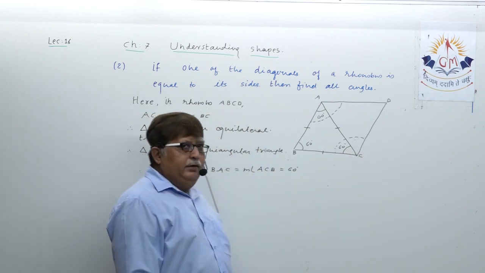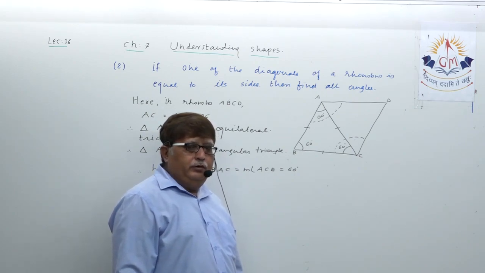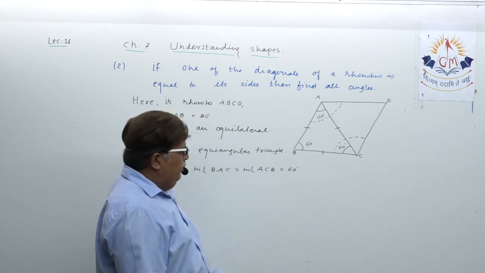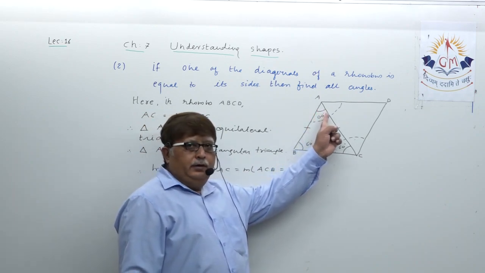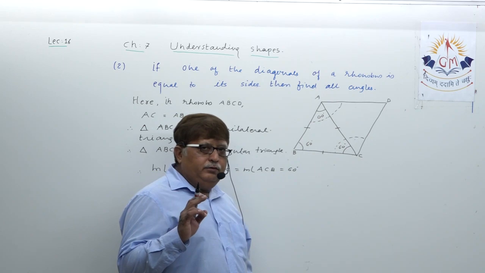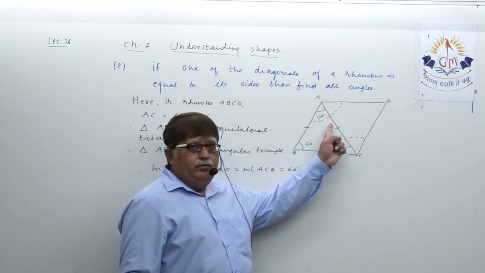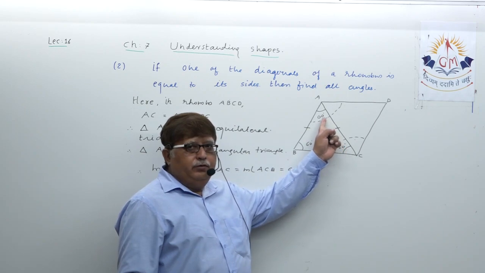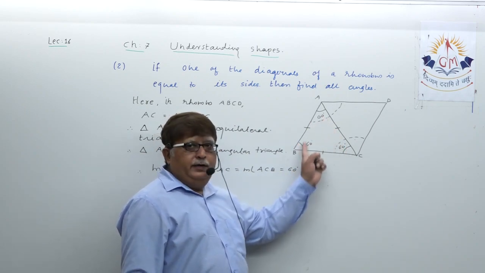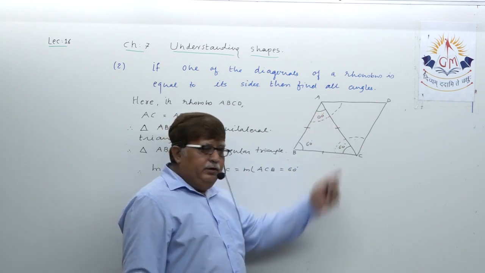Now again the fourth property of rhombus will come to our help, that diagonals bisect the angle through which they pass. So when you say that BAC is 60, A is obviously double that.